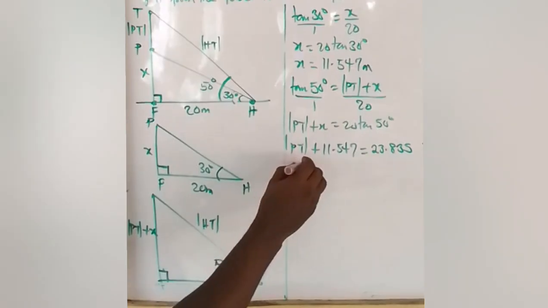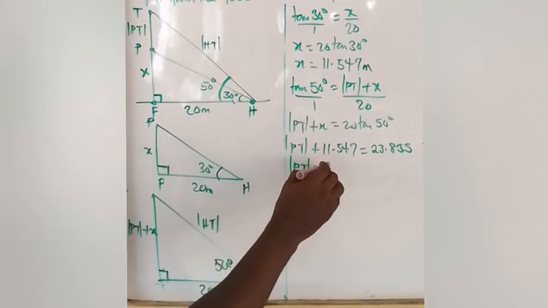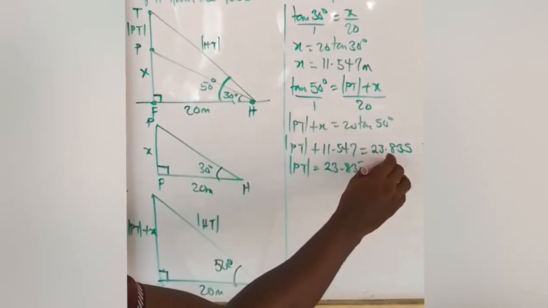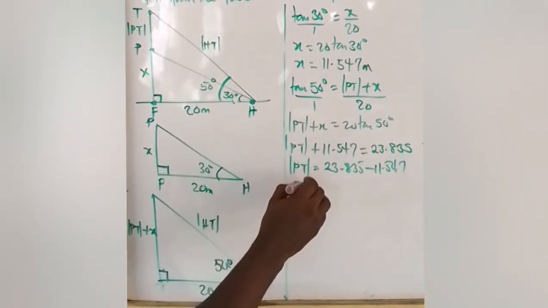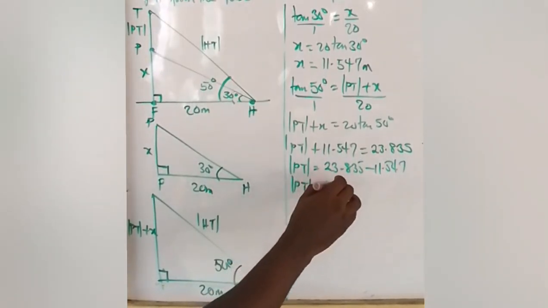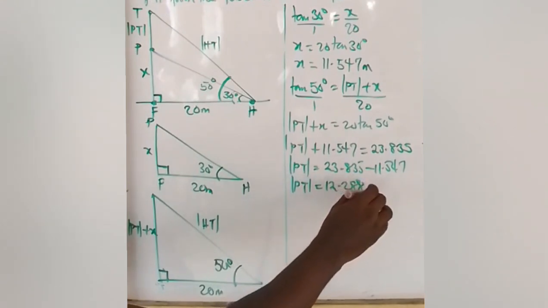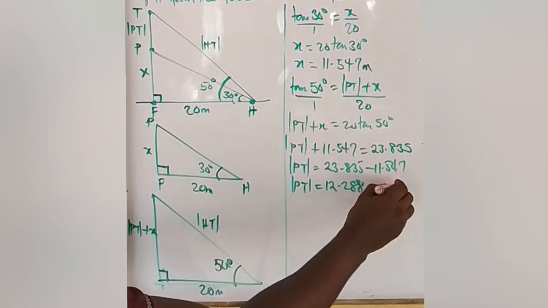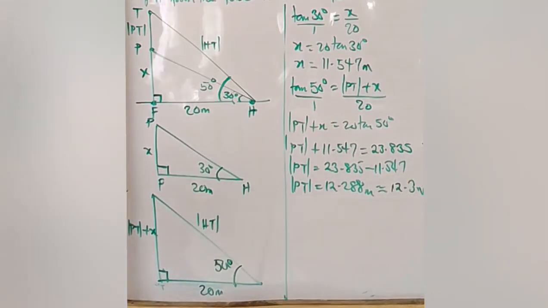So to get PT equals 23.835 minus 11.547. What was the answer? 12.288 meters to 3 SF. So that's 12.3 meters. And that is PT.